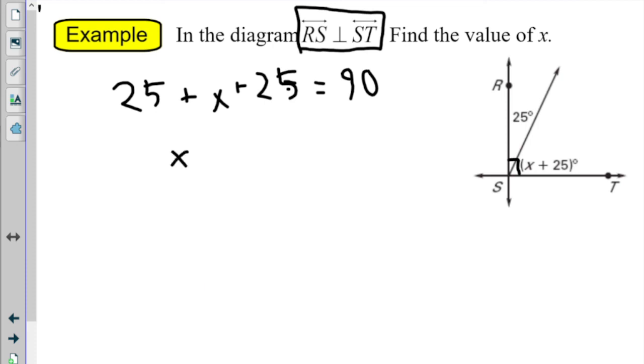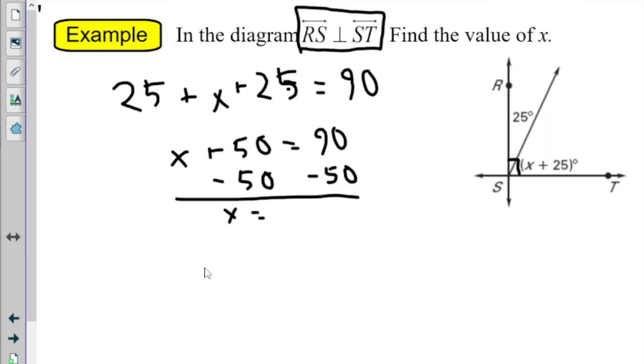So we're going to combine our like terms. 25 here and 25 here is 50. And then we're going to get rid of adding 50 by subtracting 50. So we get x to be 40.